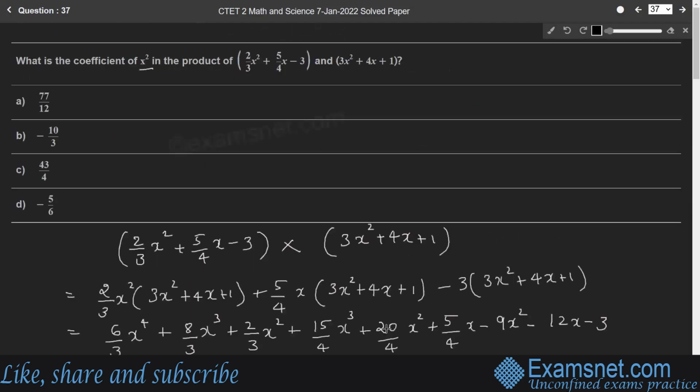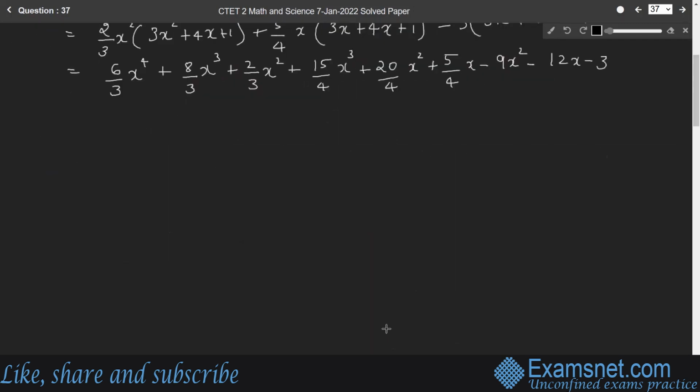So here we need to find the coefficient of x square. So let us take x square terms only, that is 2 by 3x square, 20 by 4x square and minus 9x square.